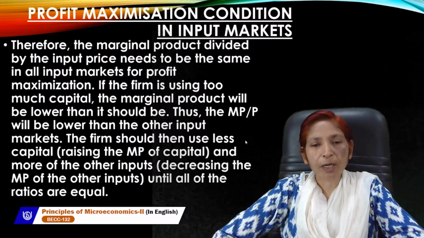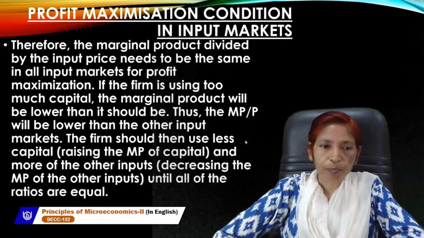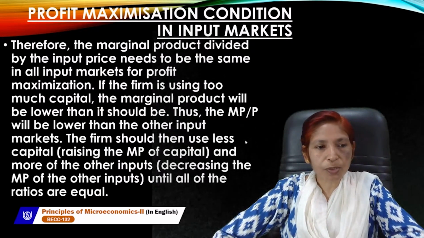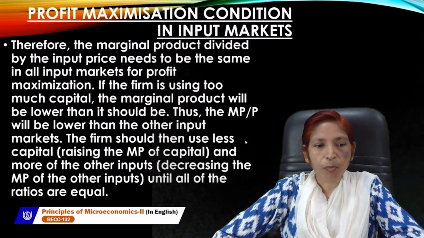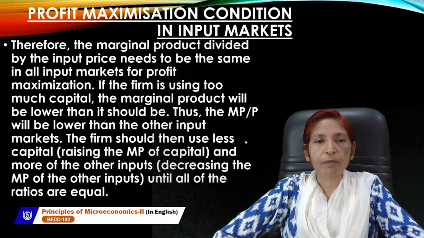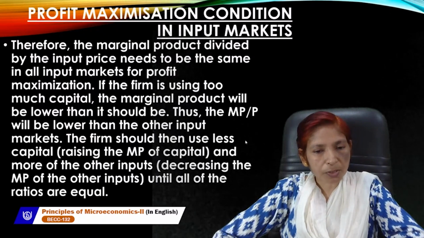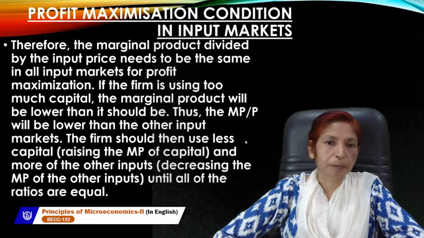Thus, the marginal productivity MP divided by P will be lower than in the other input markets. The firm should then use less capital, raising the marginal productivity of capital, and more of the other inputs, decreasing the marginal productivity of the other inputs until all the ratios are equal.